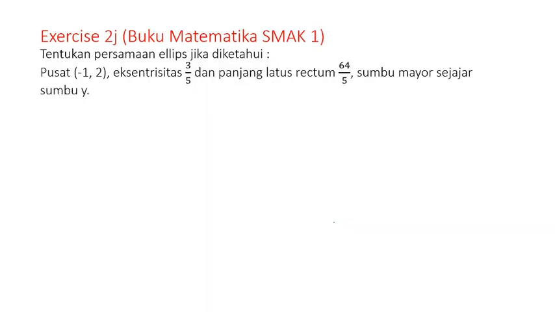This is taken from exercise 3, number 2J. Define the equation of the ellipse if given that the center alpha comma beta is -1, 2. Eccentricity e, the formula of eccentricity is the ratio of c and a, that's 3 over 5. And the lattice rectum length, which is 2b squared over a, is 64 over 5.